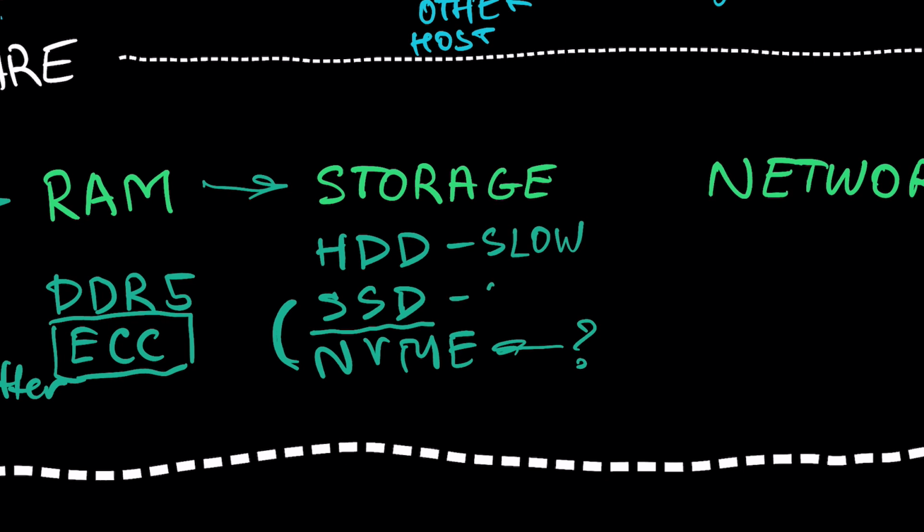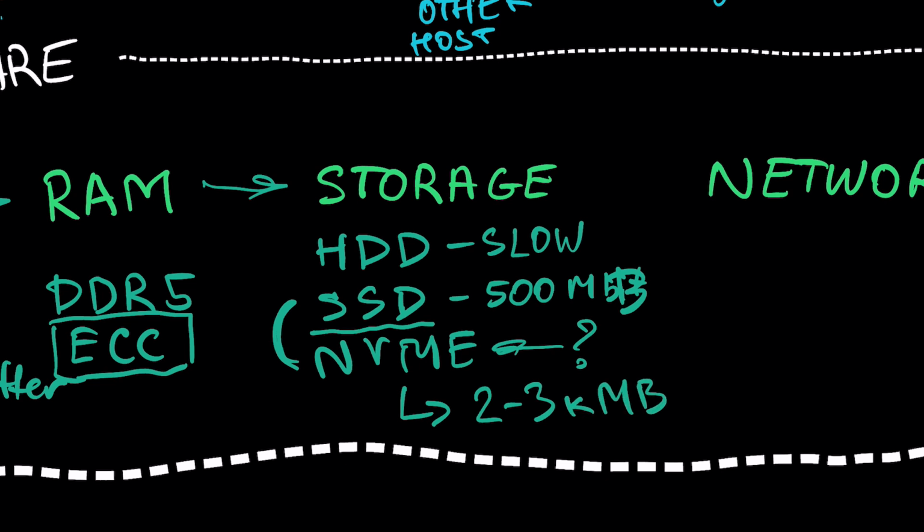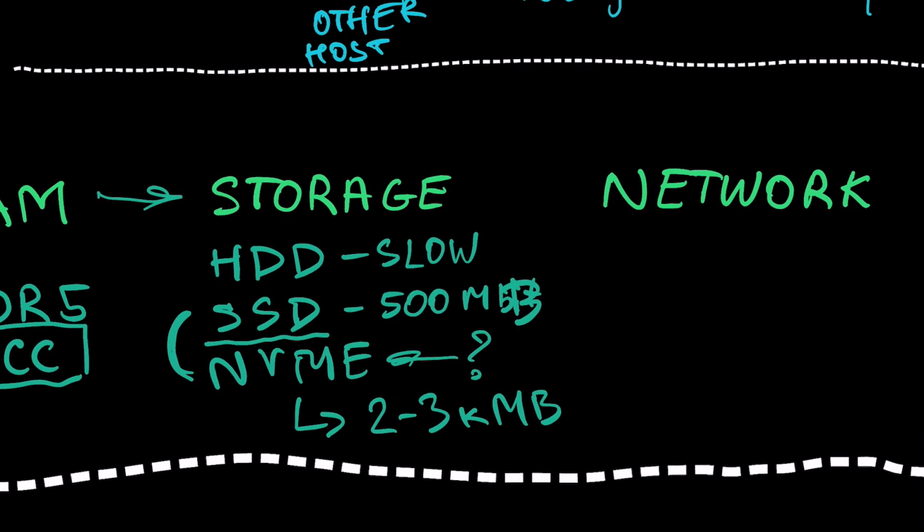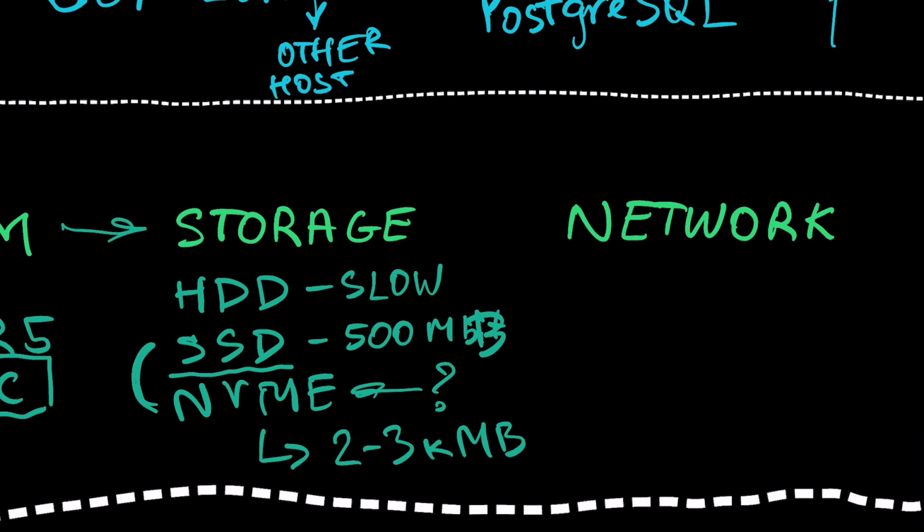Let's say SSD max speed is 500 megabytes, and NVMe goes to, I don't know, 2,000-3,000. That's 4-6 times faster, but you will not notice it so much. You will notice if you have a very intensive workload on your database, but for the web page, not much.